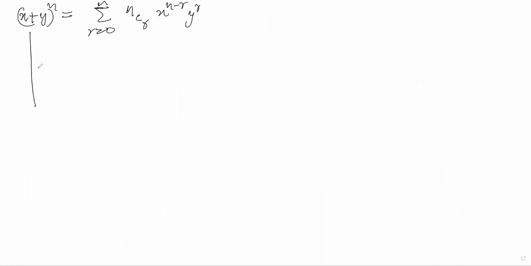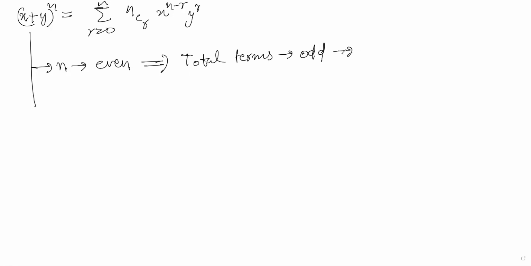Now, for the middle term, if n is even, then the total number of terms, sorry, I should write it down as: if n is even, it signifies the total number of terms is odd.